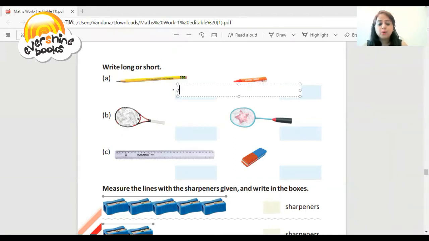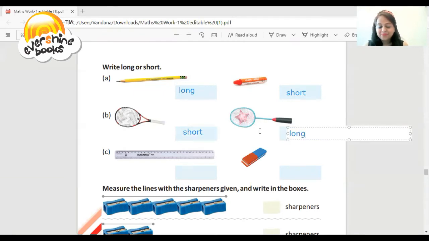L-O-N-G, long. Write the short spelling here: S-H-O-R-T, short. Now, these are two badminton rackets. First is your short badminton, and second one is your long badminton. So write short here in the given box, and in this box write long.